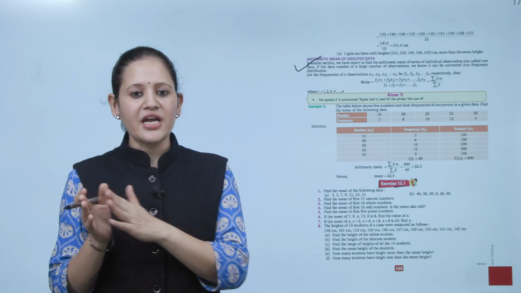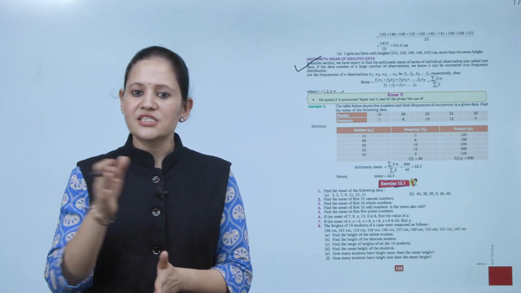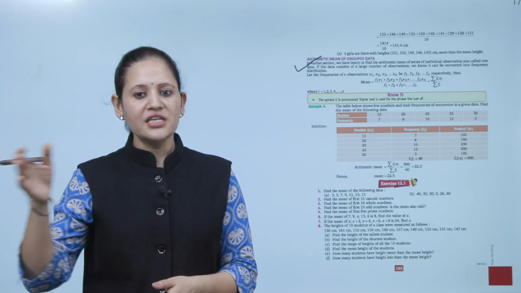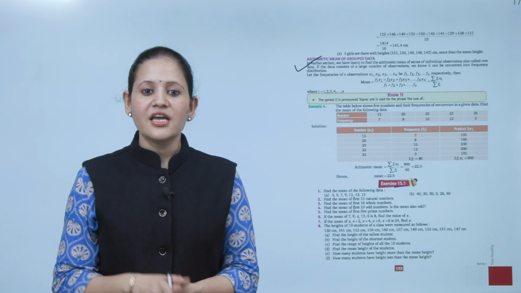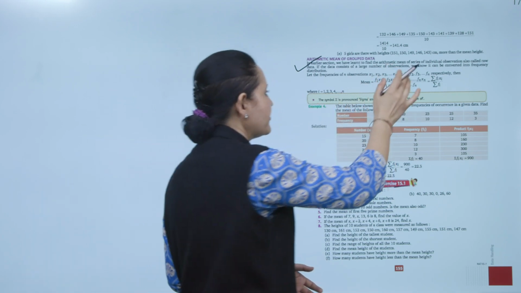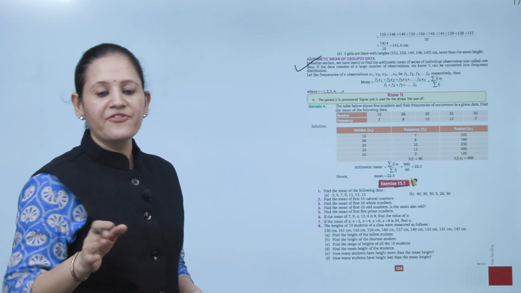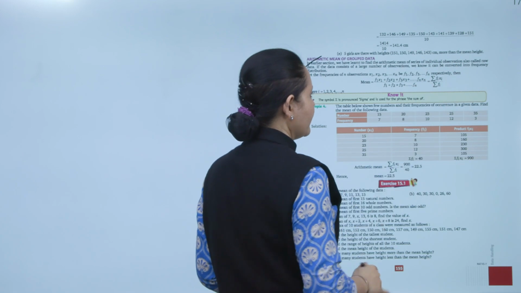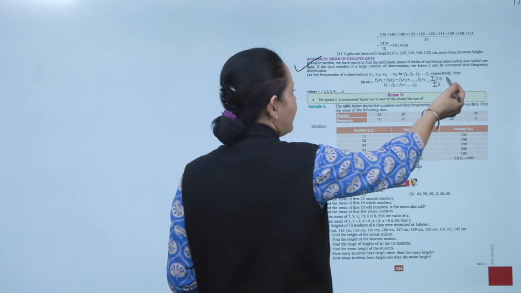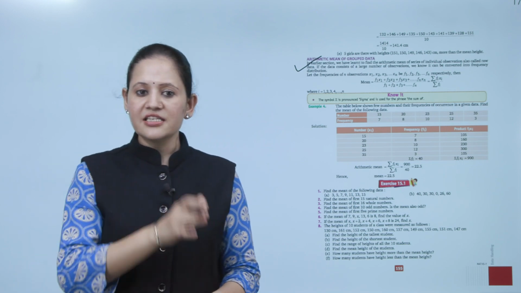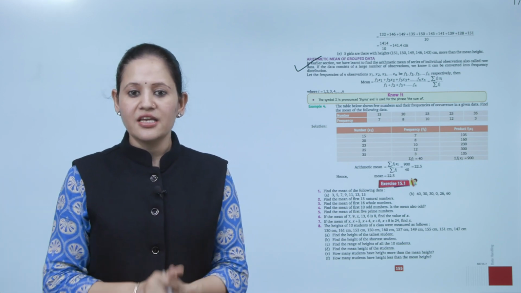Let the observations be x1, x2, x3 and xn, and the frequencies be f1, f2, f3, fn respectively. Then what will the mean be? f1 x1 plus f2 x2, f3 x3 till fn xn upon f1 plus f2, f3 till fn. Sigma fi xi upon sigma fi, where i equals 1, 2, 3, 4 till n. Know it.